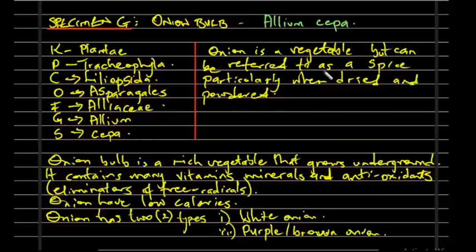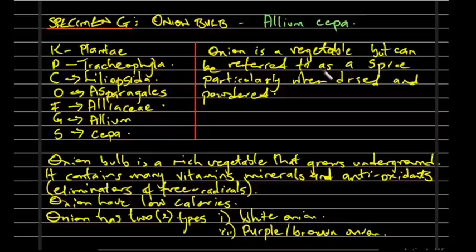Onion is a vegetable but can be referred to as a spice, particularly when it is dried and ground into powder. We use it as a vegetable, we add it to our food, we use it for so many things.